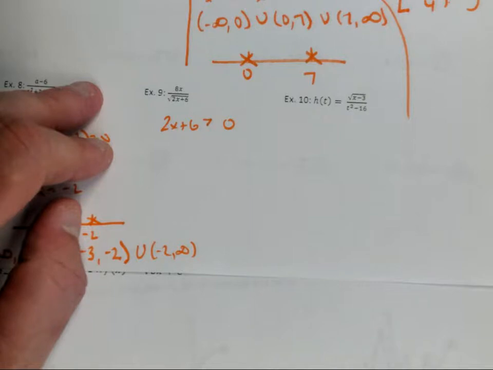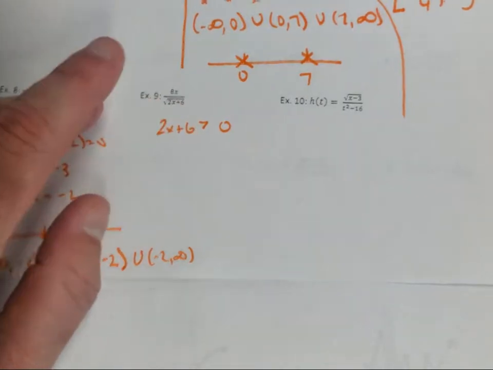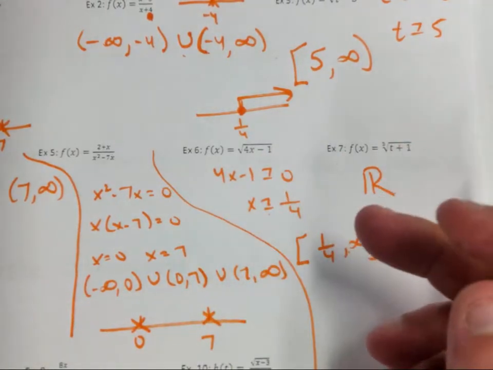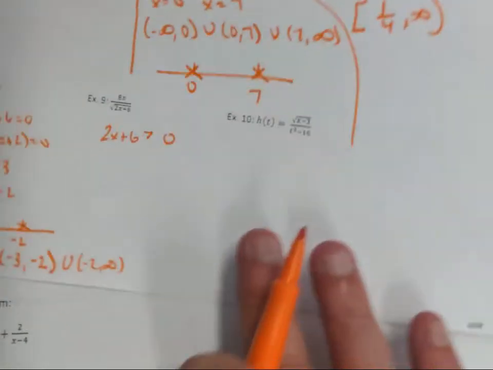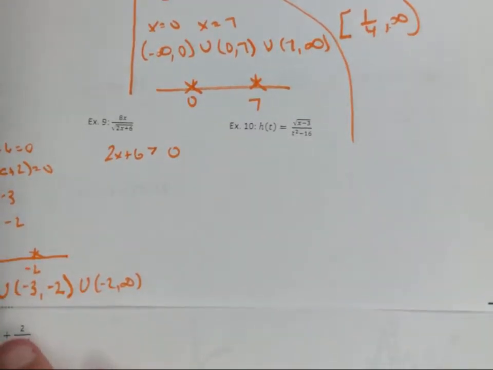Should I put the or equal to here? No, because it's in the what? You've got to think like that. Don't memorize, but just reason through your mind like that. So this one will be different from the last one because that was not in the denominator. So you don't put the or equal to. Does that make sense to you? I want it to make sense, not to memorize.